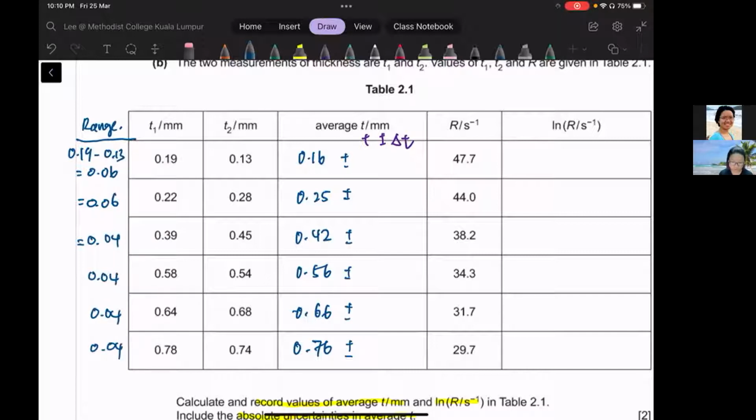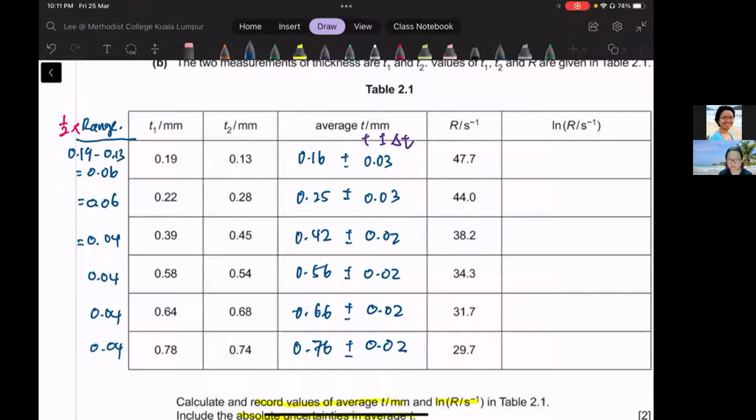So half the range means this one would be 0.03, then 0.02 for the others. This one you can always use.